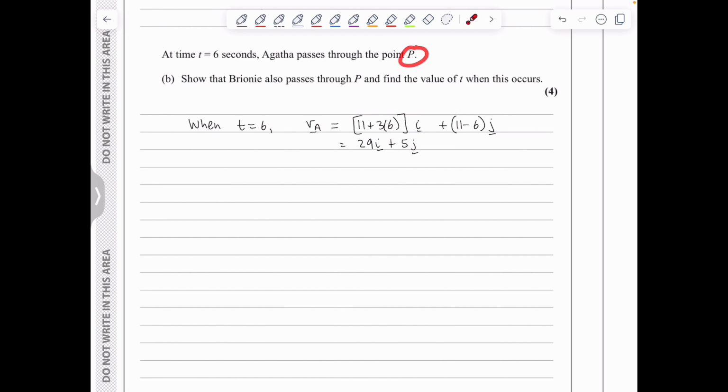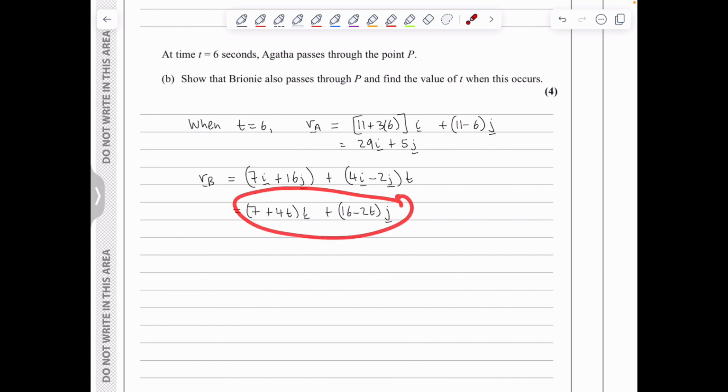We need to show that Brioni will also pass through this point. Well, if RB is the position vector of Brioni, this is going to be the initial position vector, the 7i plus 16j, plus her velocity times t, which is 4i minus 2j times t. This can be written as 7 plus 4t as the i component, plus 16 minus 2t as the j component, and we need to show that there is a value for t that will take this vector to be 29i plus 5j.